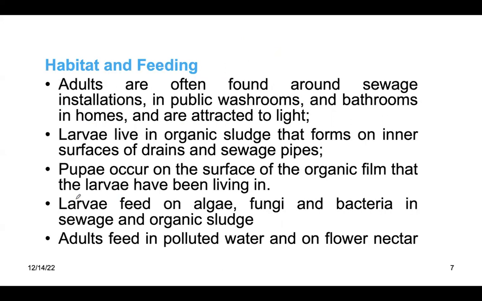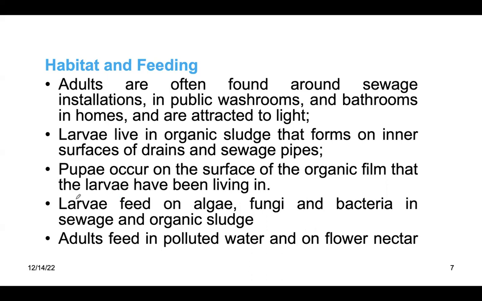As for habitats, feeding adults are often found around sewage installations, in public washrooms, bathrooms, and homes, as they're usually attracted to light. The larvae live in organic sludge that forms on the inner surface of drains and sewage pipes.